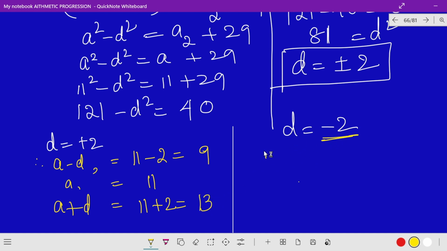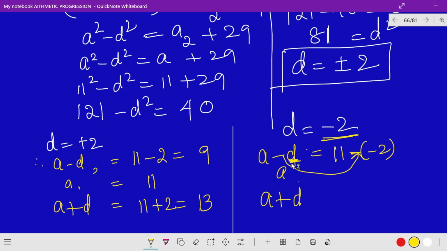Similarly, when D value is minus 2, A minus D becomes 11 minus, and in the place of D you put minus 2, minus of minus 2, so we get 11 plus 2. The answer is 13. A value is 11. A plus D is 11 minus 2, the answer is 9. So here 9, 11, 13. Here 13, 11, 9. That is the only difference.